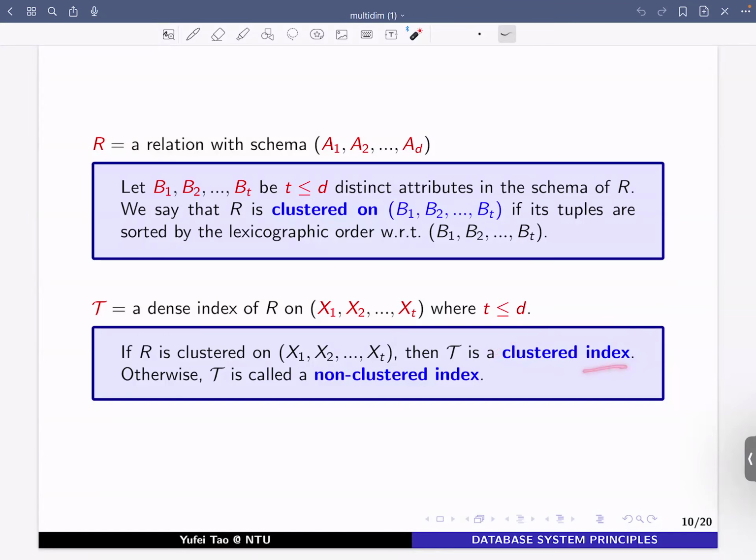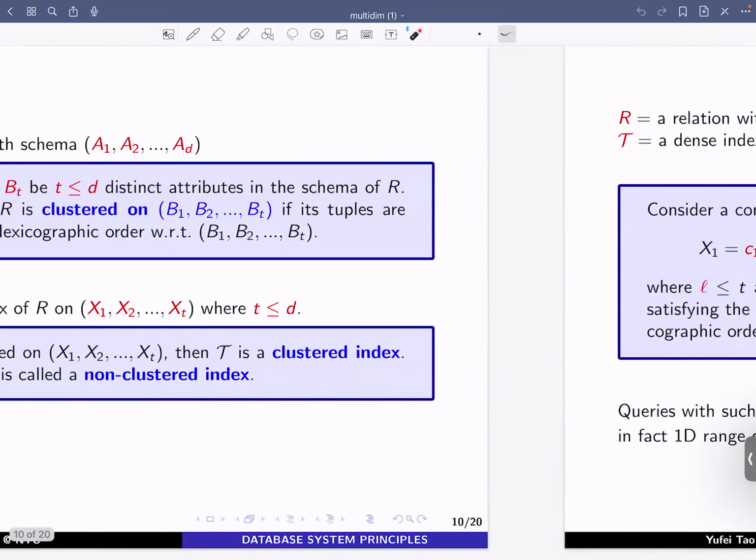An index is clustered if the data elements in the B tree, the data elements at the leaf level, are sorted in the same way as the tuples in the relation. Okay, so that's the generic definition of clustered index. Whenever this is not true, we say that this is a non-clustered index, or a secondary index.